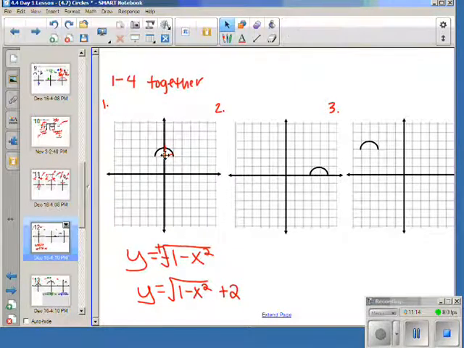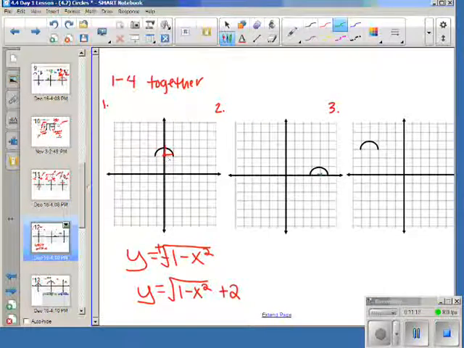Okay. So let's do this one over here. Find the center of your circle. We still have a radius of 1, vertical and horizontal, and it is the top half of our circle. So we're going to the right 4, no up or down, and the radius is 1, so no vertical or horizontal radius change.